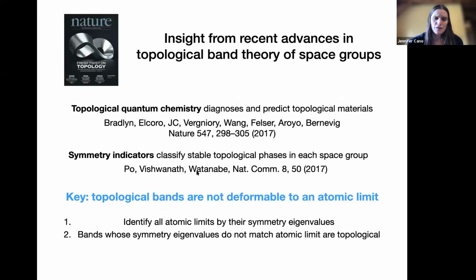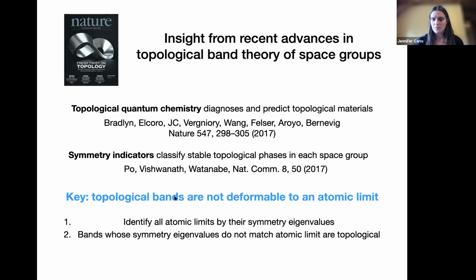These are the key references, our paper and also a parallel paper, which are trying to answer the questions that I just posed. These papers are similar in the main idea. What I think is the main idea is that topological bands are those which we can't deform to atomic limit bands.